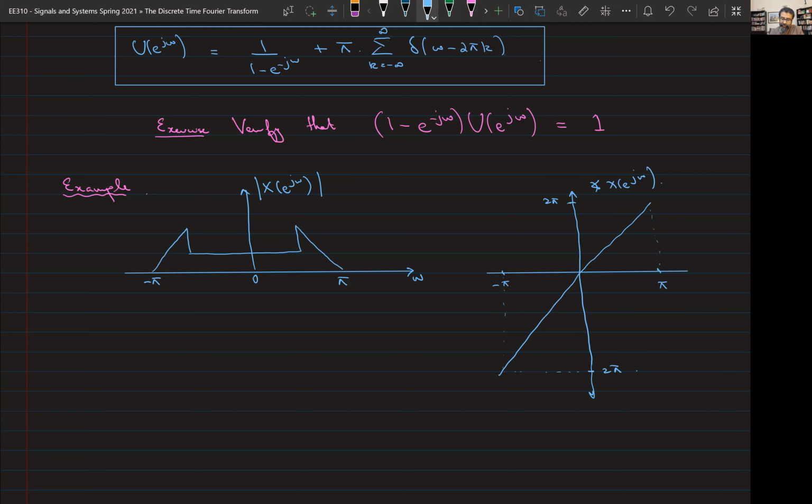Okay, so this is the Fourier transform given, x of e raised by j omega and the phase of x of e raised by j omega. So determine whether x of n is real or even.